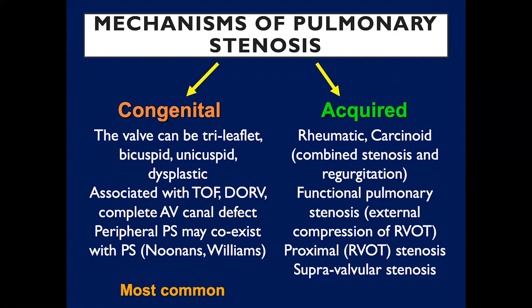And then you can also have acquired causes of pulmonary stenosis in rheumatic, carcinoid disease, and then functional pulmonary stenosis with external compression of the right ventricular outflow tract. That happens sometimes in lymphoma and so forth. Proximal RVOT stenosis and supravalvular stenosis.